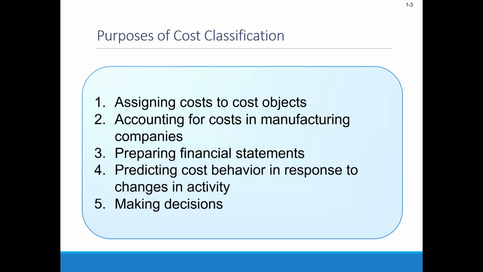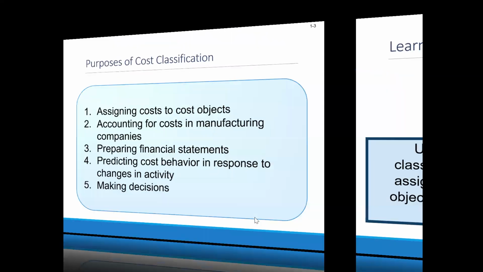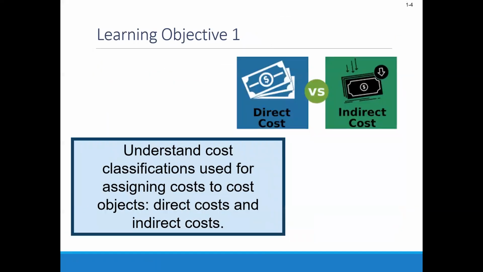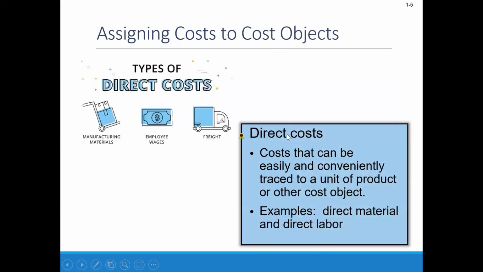We'll be preparing financial statements, understanding how, based on changes in activity, costs change, and how we use this information in order to make decisions. So we're going to start by talking about cost classifications, direct costs and indirect costs. What are direct costs?